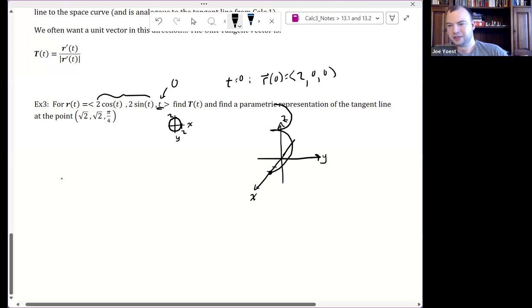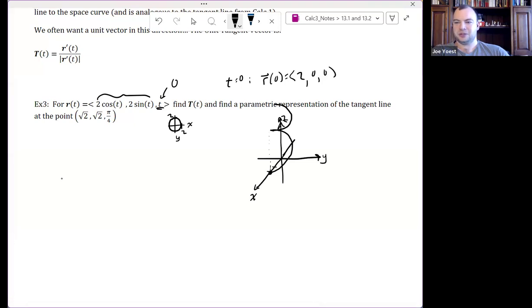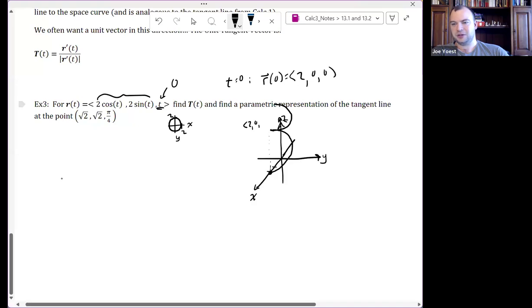We should be back at a point that's directly above x equals 2, y equals 0, z equals 0. That should be the point (2, 0, 6.28 or so). So we'd expect this to be height something like 6.28.